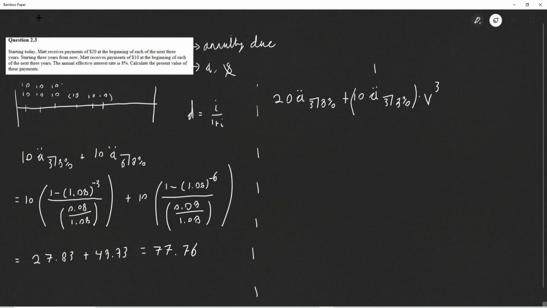However, if this was annuity immediate, so this was just regular A, 3 and 8%, instead of multiplying it by v to the 3, it would be v to the 2. But we're not worried about that right now.